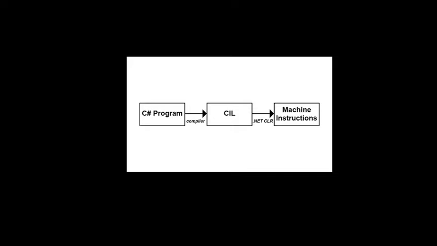After we have our common intermediate language, when it's time to actually run the code somewhere, the .NET Common Language Runtime takes that CIL or Common Intermediate Language and turns it into the actual machine instructions that will run on the chip on that particular computer it's running on. So we type some stuff in C# and we turn it into CIL, and then we turn it into machine instructions when it actually gets run.